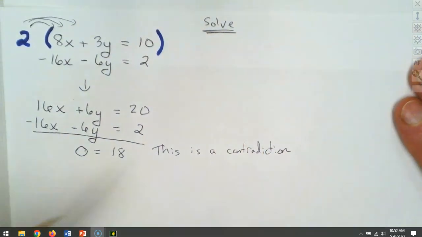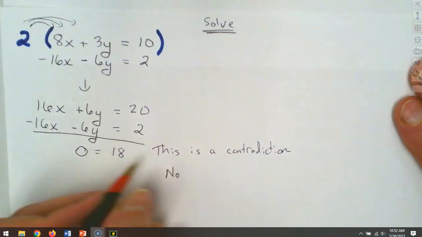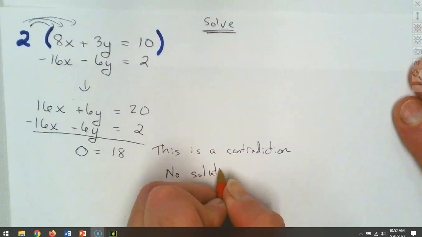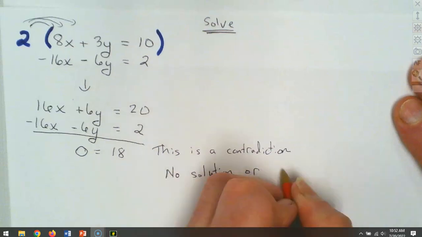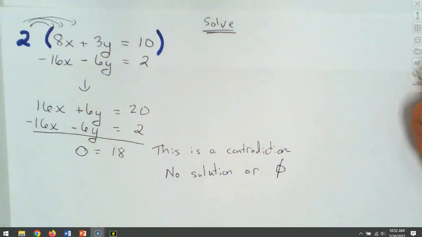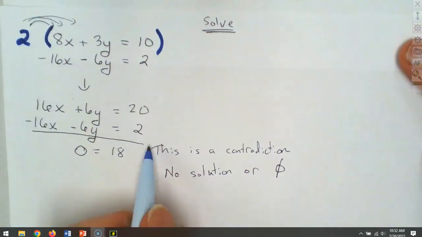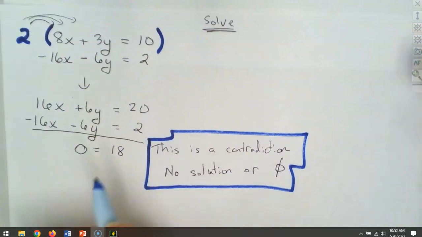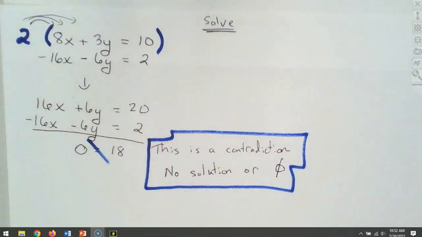So that means we have no solution. No solution, or the empty set. And why is it a contradiction? Because 0 can't equal 18, can it? So that gives us a contradiction, or no solution.